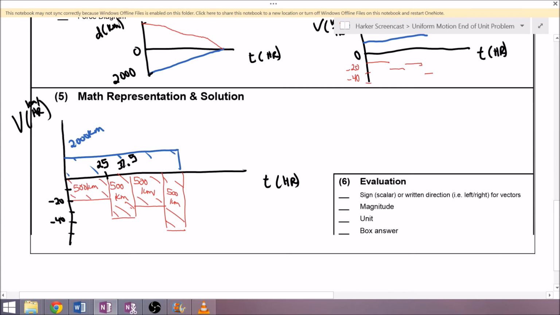37.5 hours total. And then in the third step of the trip, where the sub is going at 30 kilometers per hour, once again, in all these cases I'm just using velocity equals displacement over time, and I've rearranged so that time is equal to displacement over velocity.